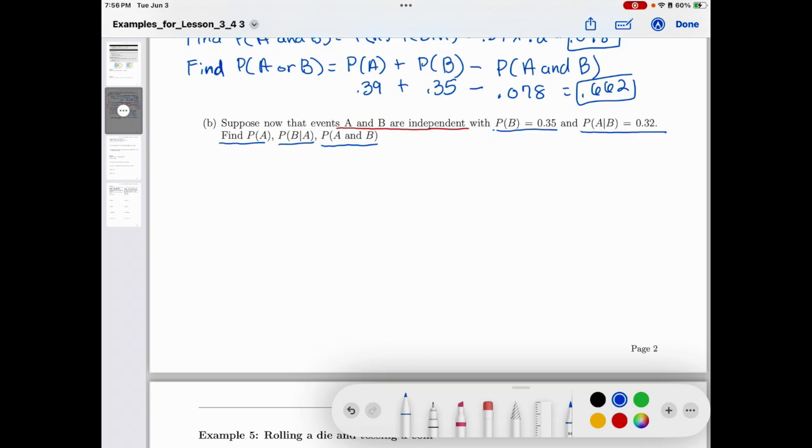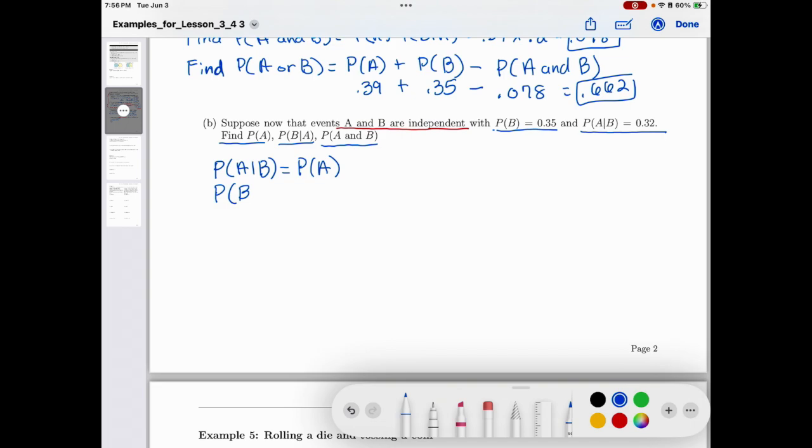Now, because we know that events A and B are independent, that tells us that the probability of A given B is the same thing as the probability of A, because whether or not we assume B is true, it's not going to affect our probability of A. So those two values are going to be the same.